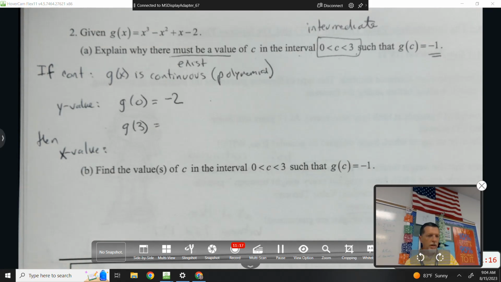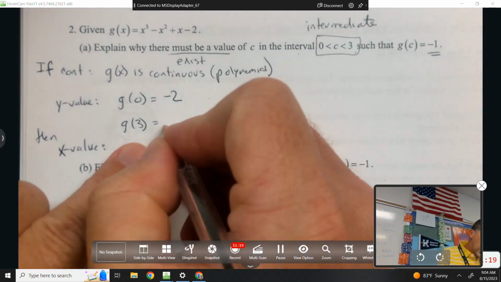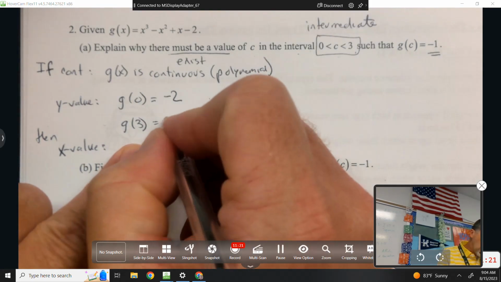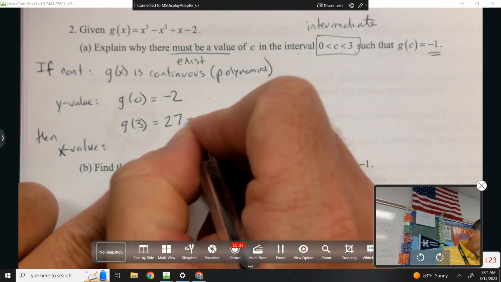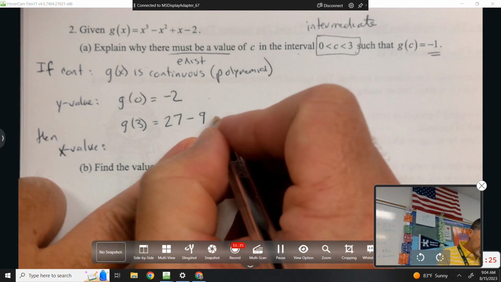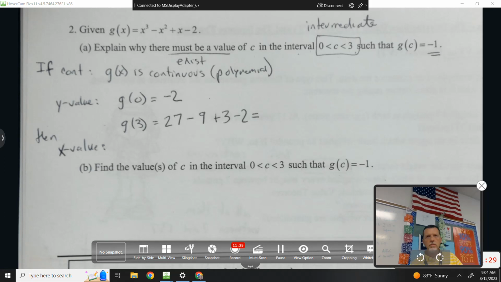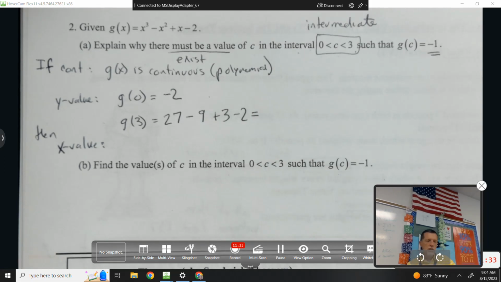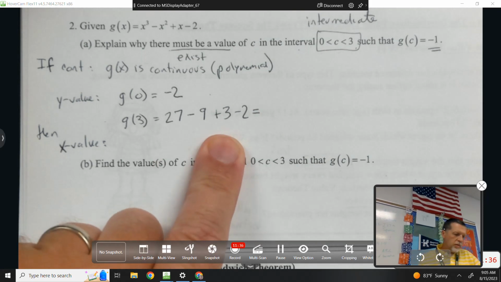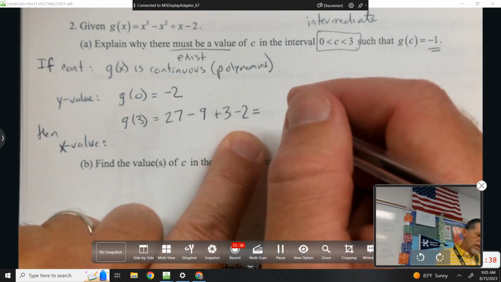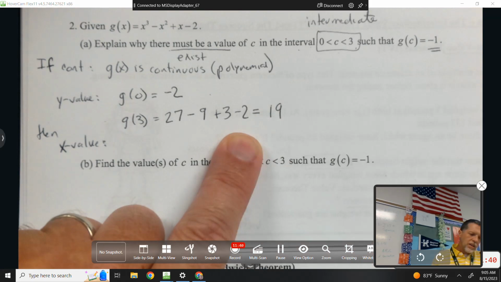So plug in 0, we get -2. Plug in 3, 27 minus 9 plus 3 minus 2. So 18 plus 3 is 21, minus 2 is 19.